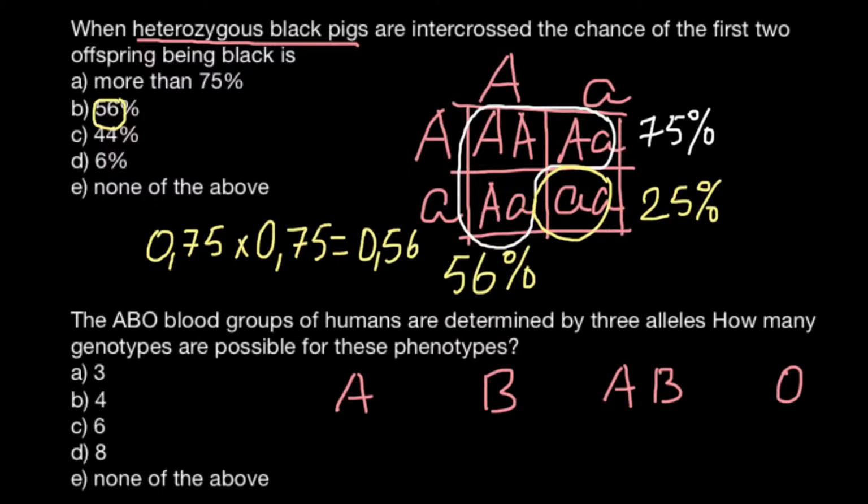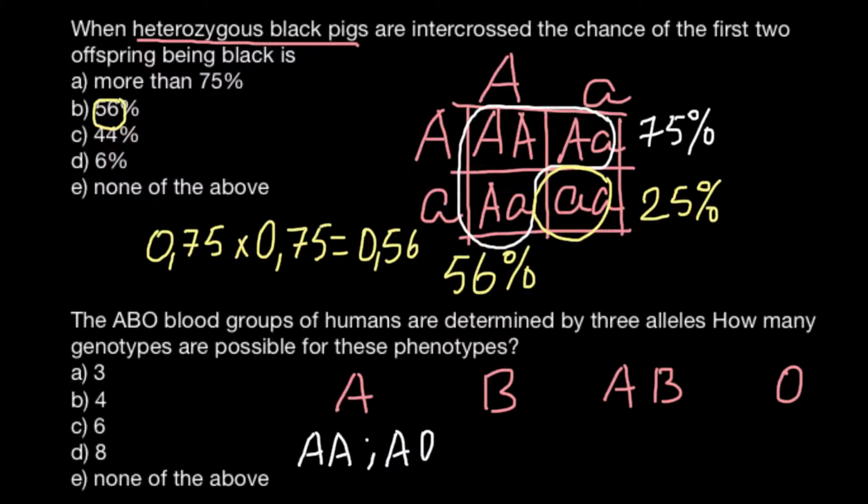And now let's count how many different genotypes we have here. Phenotype A can be made by the genotype AA. When we have 2 alleles AA, the phenotype would be A. Also alleles A and O would make this blood group.